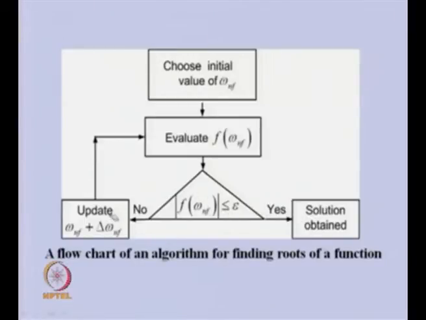If not, then we need to take another step of the natural frequency, and again evaluate this frequency equation. This cycle will repeat till we get the desired accuracy of the natural frequency, and that will be the solution. Once we get one solution, we can search for more depending upon the degree of freedom of the system.